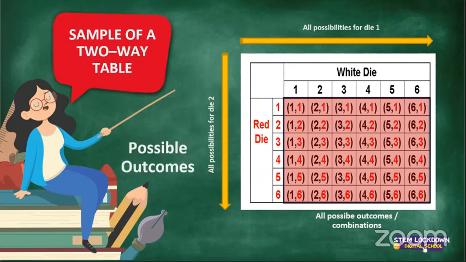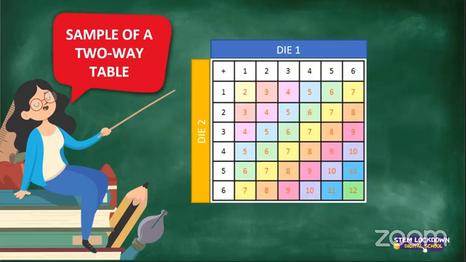Okay, yes. So the total possible outcomes, we have 36, if we count them all out. There we go. Now, here we have the exact same two-way table, but if we look carefully, we have a blue die on top, and we have a yellow die down here. But now these totals in here look different.